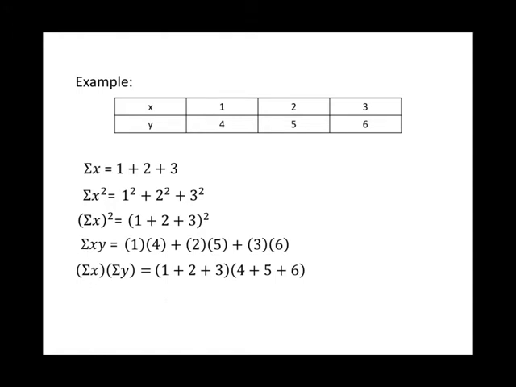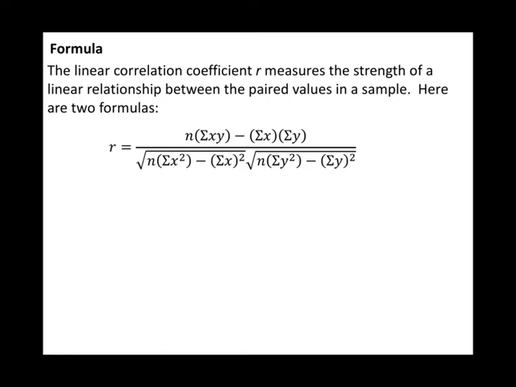Why do we need to know all this notation? Because we want to know how to find my R. And for finding the linear correlation coefficient R, we do have two methods. First one will be using the formula. I just explained to you how to find the summation XY, summation X, and summation Y. But actually, for those numbers, summation X, summation Y, summation X squared, we'll use the calculator to take care of it.